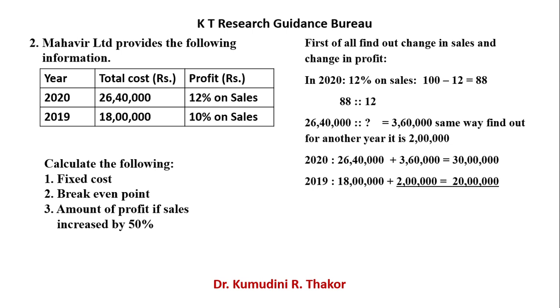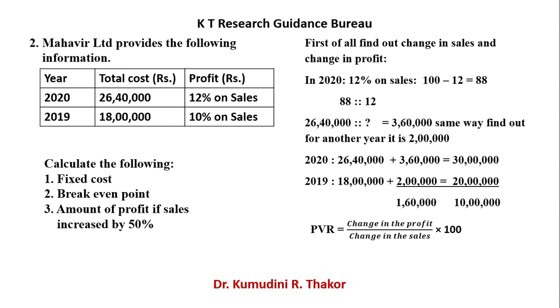So the difference between these two profit comes 1,60,000, and change in sales 30 lakhs minus 20 lakhs is equal to 10 lakhs.